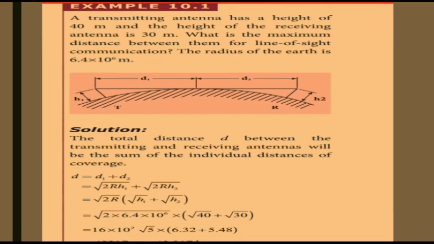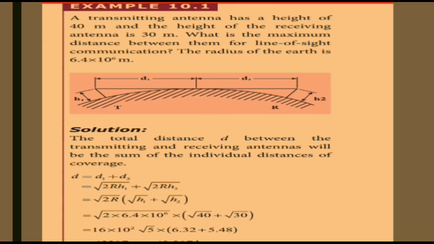In your book I think four problems are given, and this is the first problem. It's a very simple problem, so please try to understand because the picture is not clear. The transmitting antenna has a height of 40 meters and the height of the receiving antenna is 30 meters.